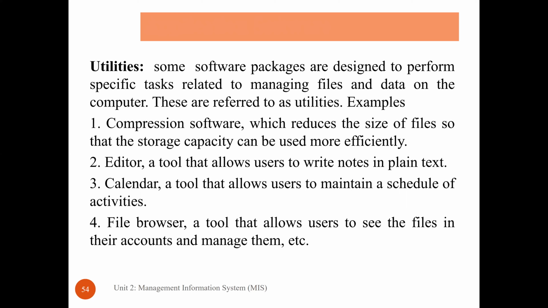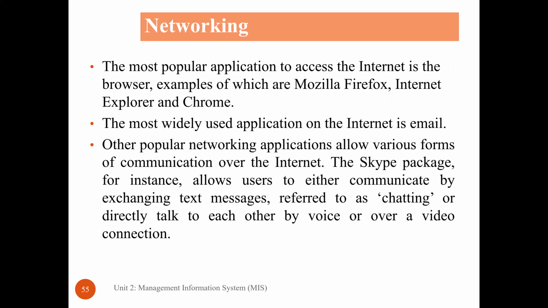Editor, a tool which allows users to write a note in plain text. Calendar, which is used by the user to schedule activities. File browser, which allows users to see or search the files in their accounts and manage them. Likewise, utilities are provided.